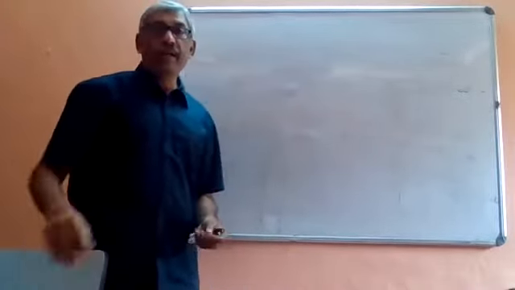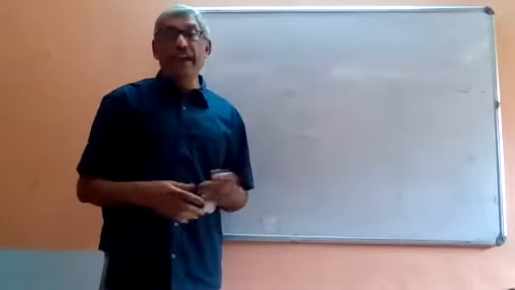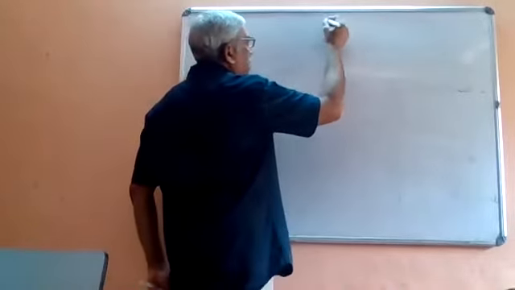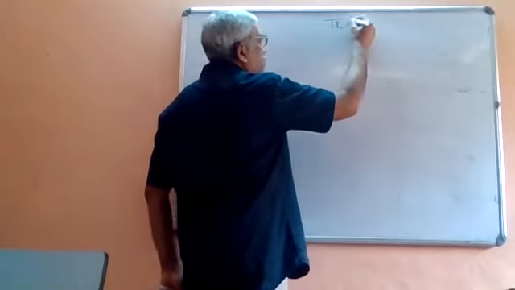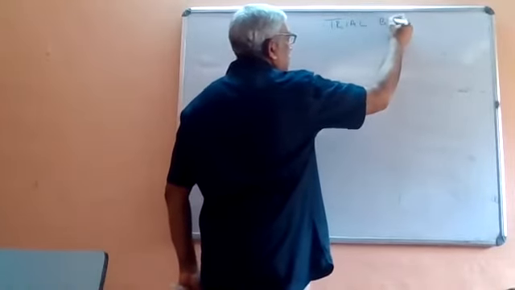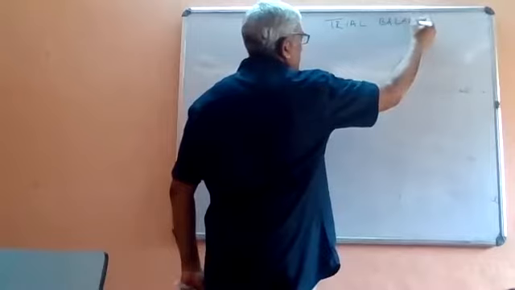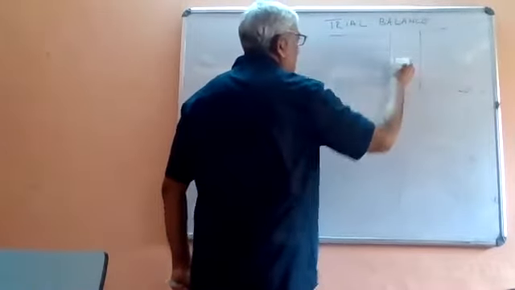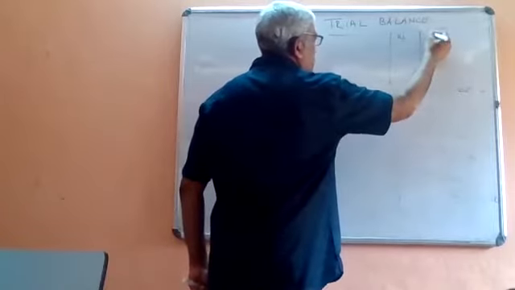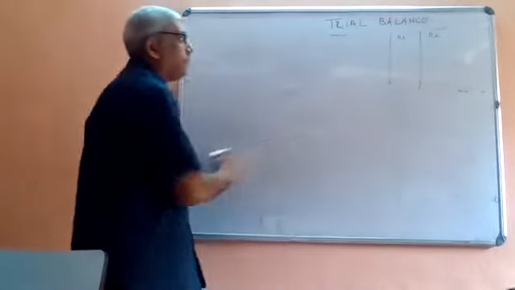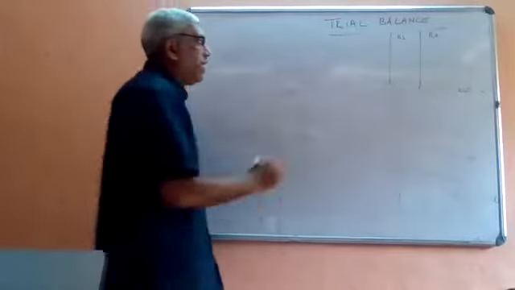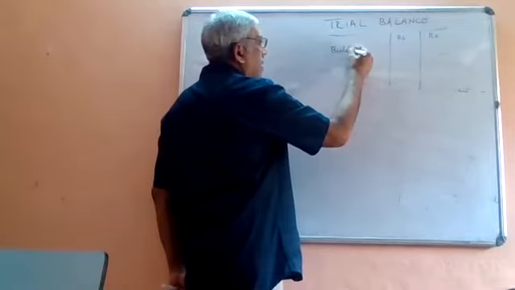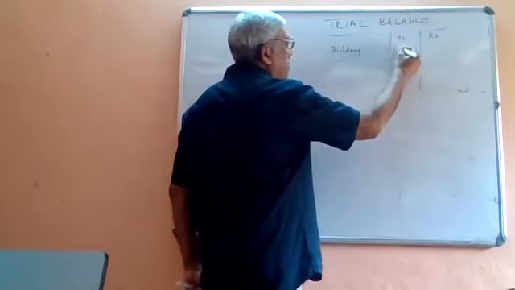So in the question, you will be given a trial balance. Suppose there is a trial balance. I'm just preparing a rough trial balance. It has got a debit side and a credit side, in rupees. Suppose there is a building of 1 lakh rupees.